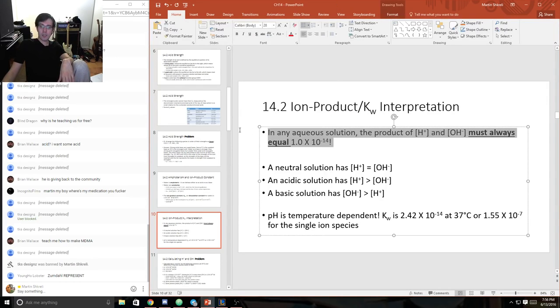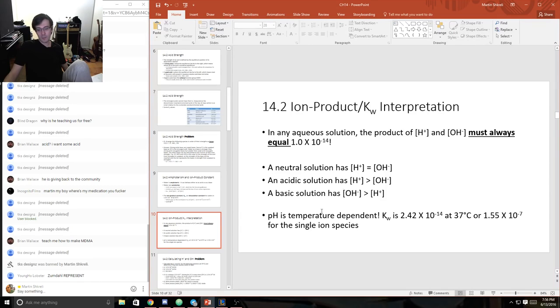Well, basically in any aqueous solution, the product of protons and hydroxide ions must always equal 1.0 times 10 to the negative 14th. So when we have a neutral solution, they're equal, but an acidic solution, which I think we all understand, is when we have more protons than hydroxide, and vice versa for basic. And of course, one last little footnote here is that pH is going to be temperature dependent.